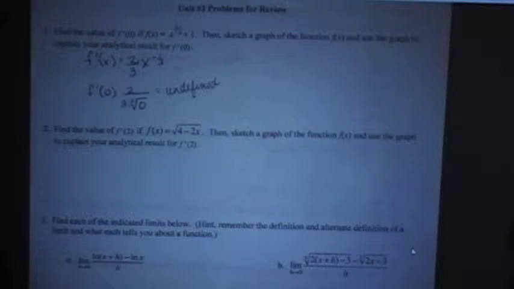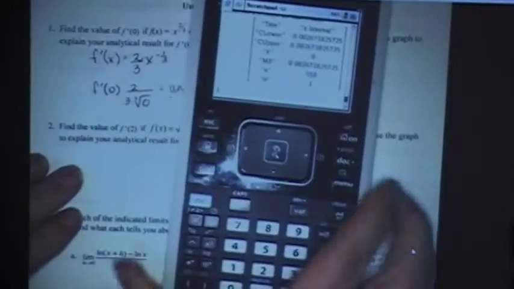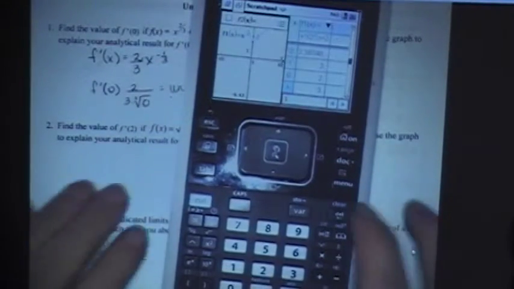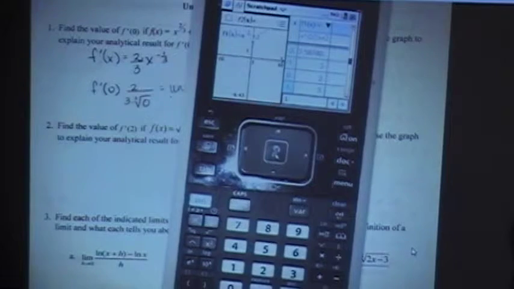So now, it says for us to sketch a graph of the function. If you're not sure what this looks like, let's just go ahead and plug it in our calculator, and then we can sketch a graph based on what the calculator says. So I'm going to plug it in.